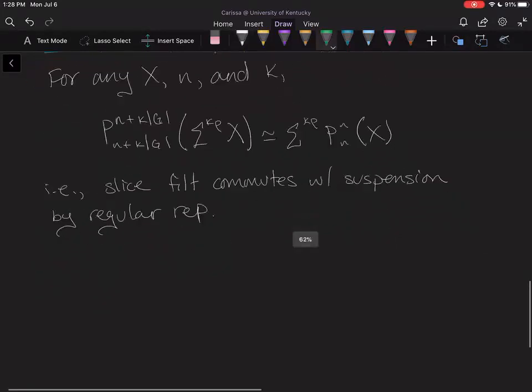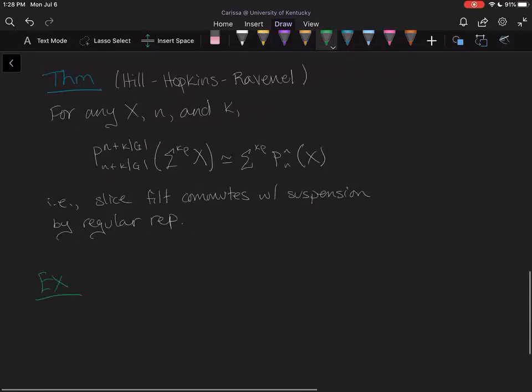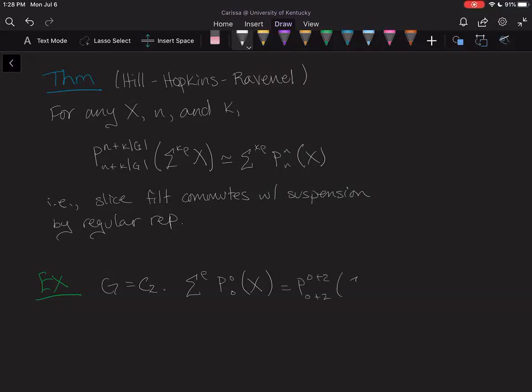So for example, if we take G to be C2, well then the row suspension of the zero slice of a spectrum X is going to be P0 plus 2, 0 plus 2 of the row suspension of X. And this 2 is because the dimension of row is 2, because both 1 and sigma are one-dimensional representations.